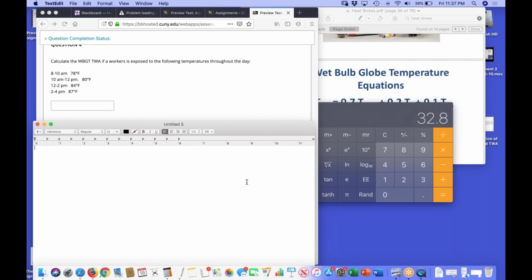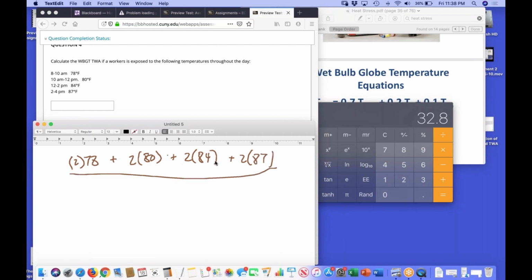So that's going to be equal to 2 times 78 plus 2 hours at 80 plus 2 hours at 84 plus 2 hours at 87 degrees, all of that over the total number of hours worked, which is going to be 8 hours.